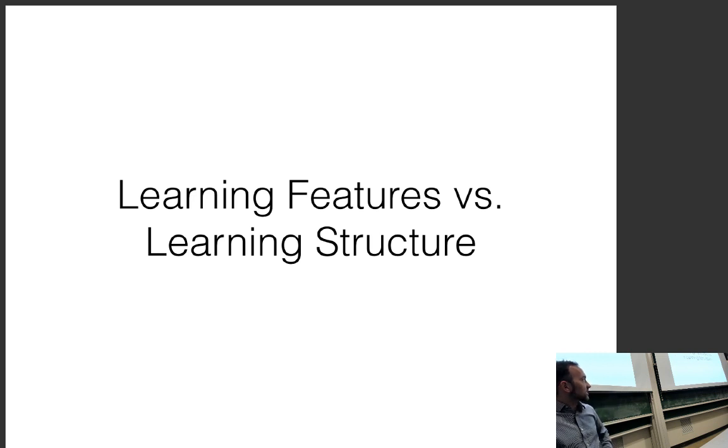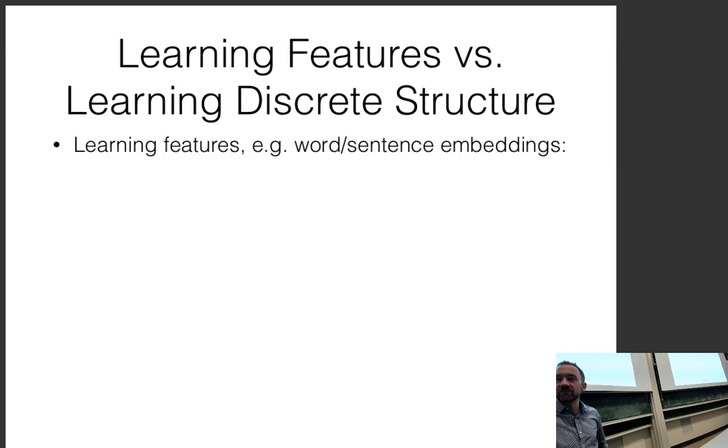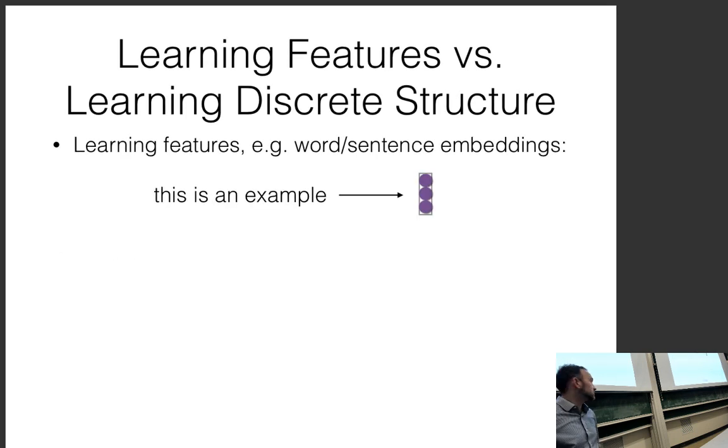Before talking about this, I'd like to talk about the difference between learning features versus learning structure, or learning the actual things that we want to output. So we've actually already talked about lots of semi-supervised learning methods, but all of them have been under the paradigm of learning features. So for example, we could be learning word embeddings or sentence embeddings or contextualized word embeddings. So in this case, basically what we're doing is with an unsupervised learning objective, we are taking this sentence and turning it into a vector or a sequence of vectors or something like that.